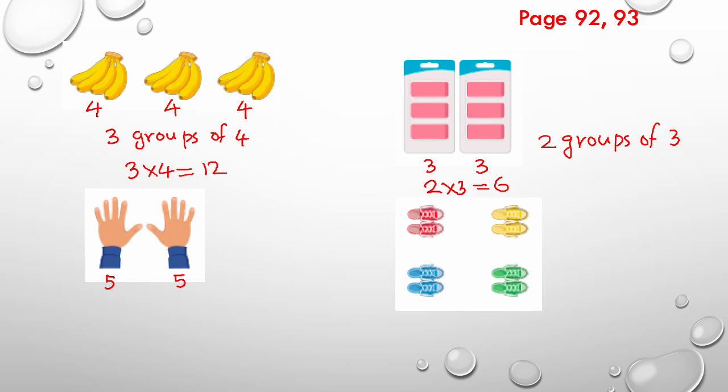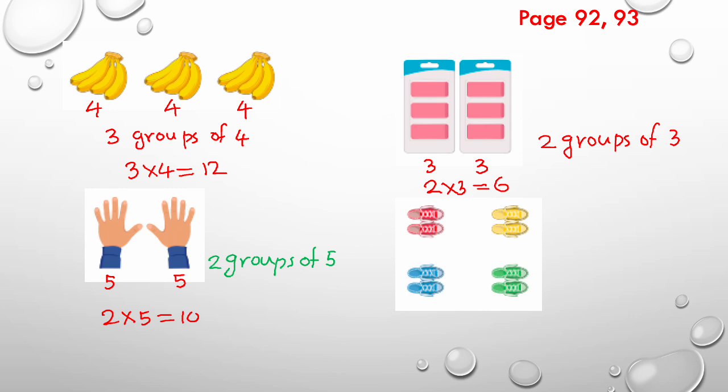How will you write it? 2 times 5. Or you can say it is 2 groups of 5, or 2 times 5 equals 10. Right?